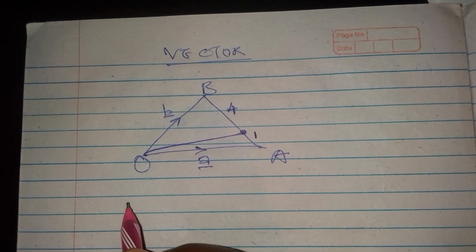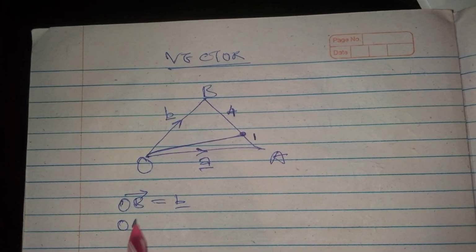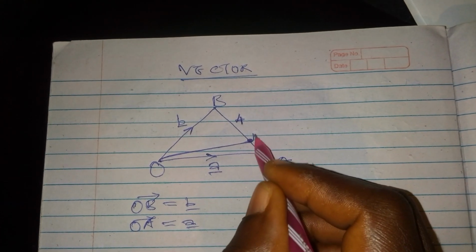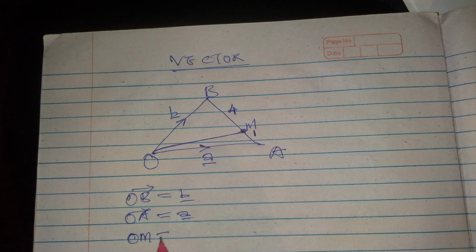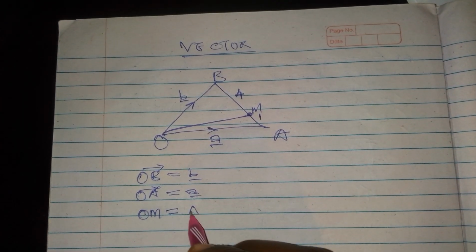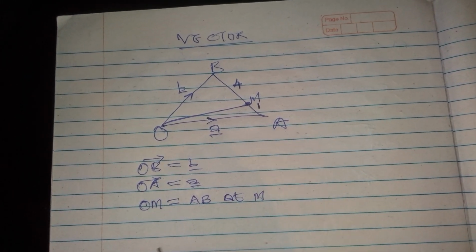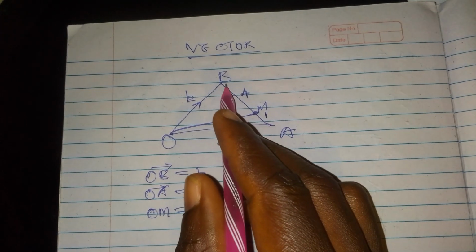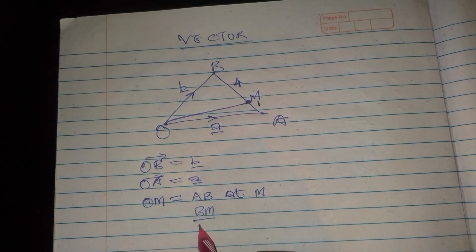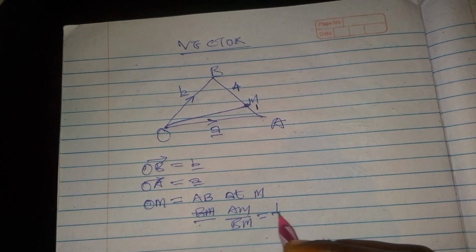So the question has been given to us, and it is saying vector OB is equal to vector B, then OA is equal to A, then there is a line OM, which is cutting AB at point M such that AM over BM is 1 over 4.